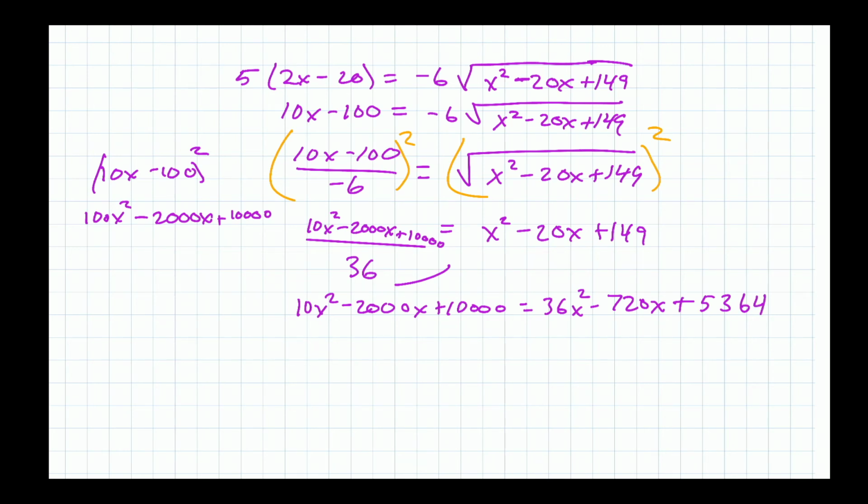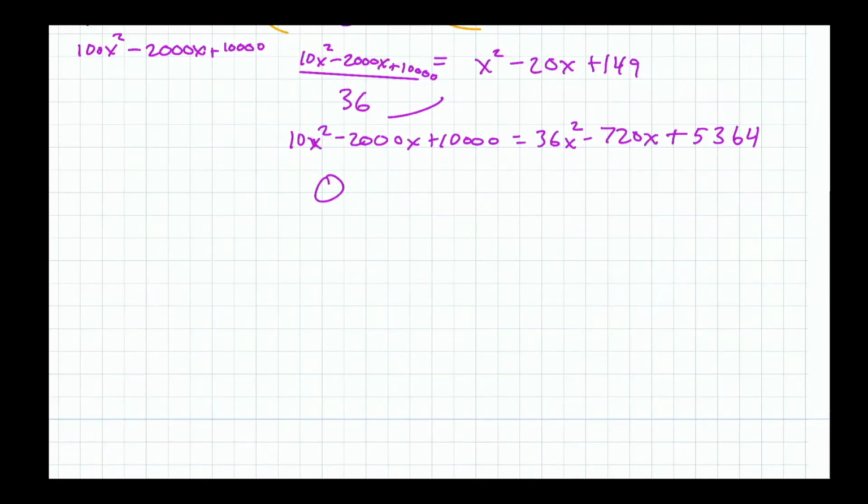This is dumb. You have to move everything to one side of the equation. So I'm going to get 0 equals, and then I'm going to subtract the entire left side from the right side. So I need to subtract 10x squared, no, plus 2000x minus 10,000. Hope I'm doing this right.